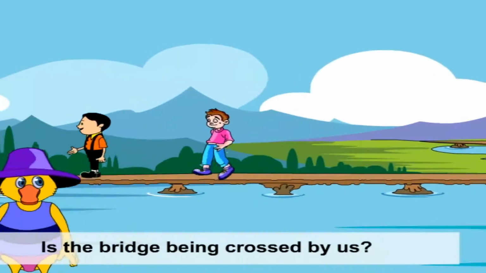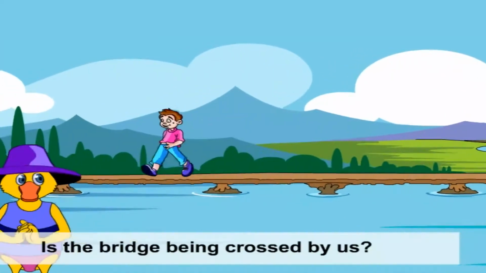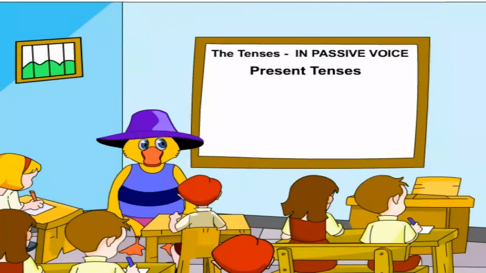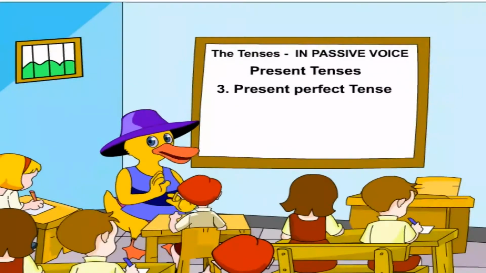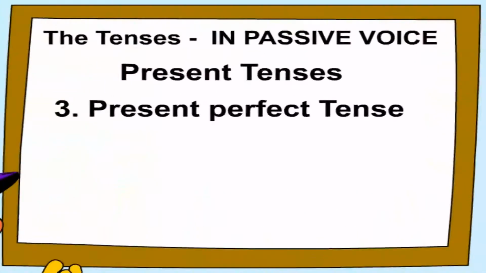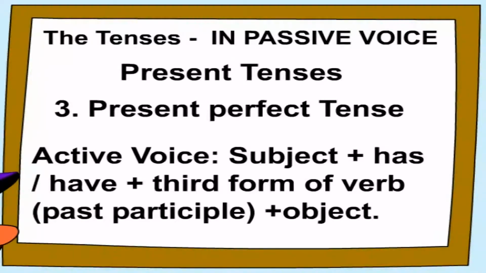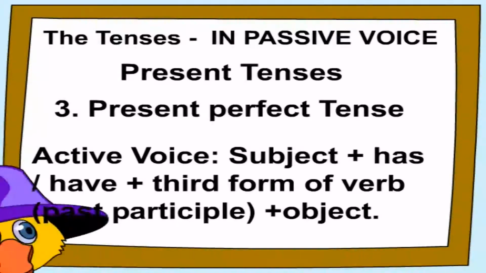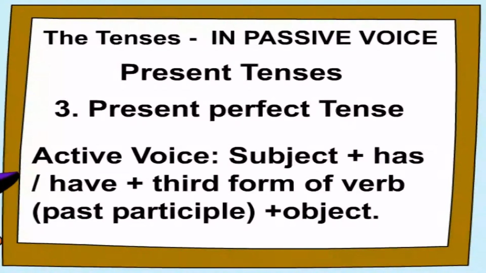Is the bridge being crossed by us? 3. Present perfect tense. Active voice: subject plus has, have, plus third form of verb, past participle, plus object.